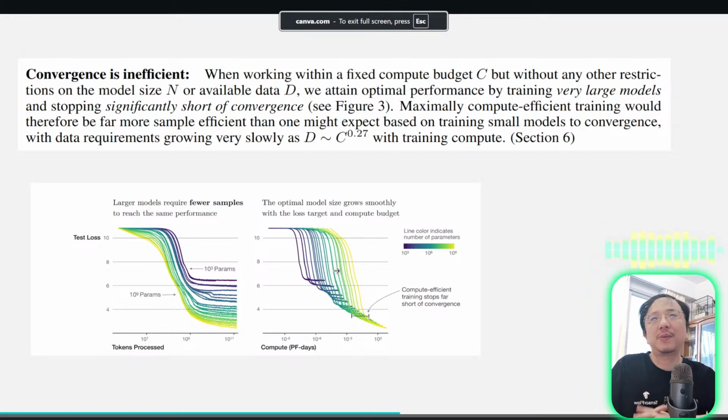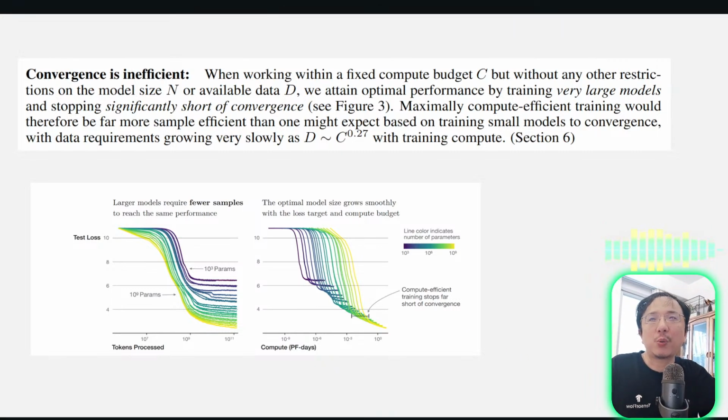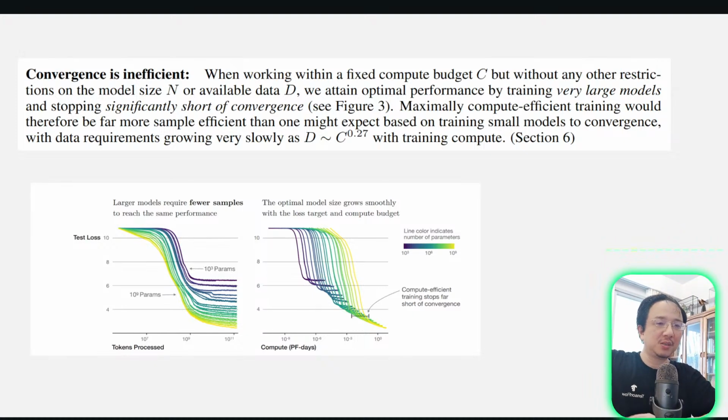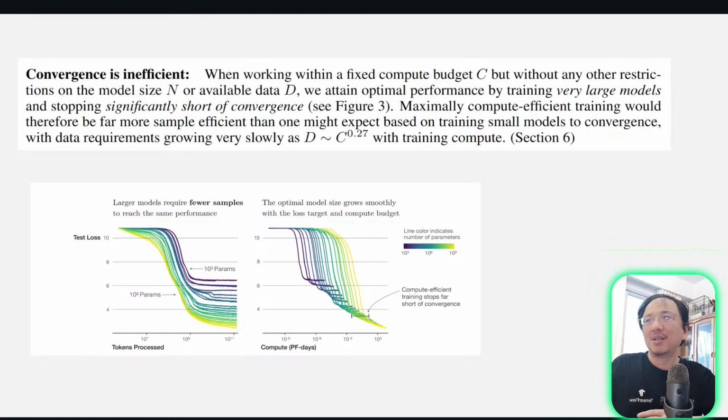Here is also another rule that is quite interesting, when you work with a fixed compute budget. This is more toward the practical side. Say that if we have a budget, like $1 million Taiwanese dollars, or $1 million US dollars, and you want to train a model, then without any other restriction on the model size or available data D, you can obtain the optimal performance by training a very large model.